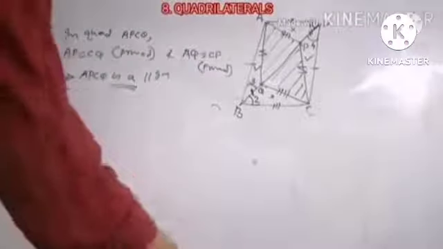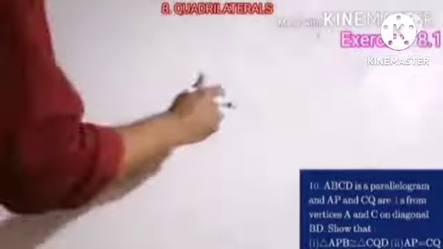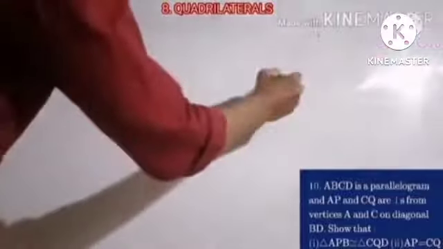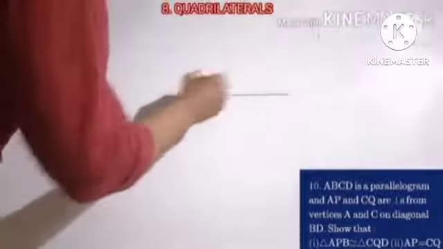Now, question number 10. ABCD is a parallelogram, and AP and CQ are perpendiculars from vertices A and C on diagonal BD. Given ABCD is a parallelogram.